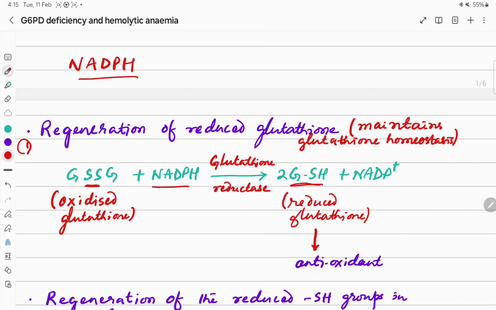Actually, this reduced glutathione is the antioxidant. So NADPH maintains the glutathione homeostasis by converting the oxidized glutathione with double sulfur to the reduced glutathione.